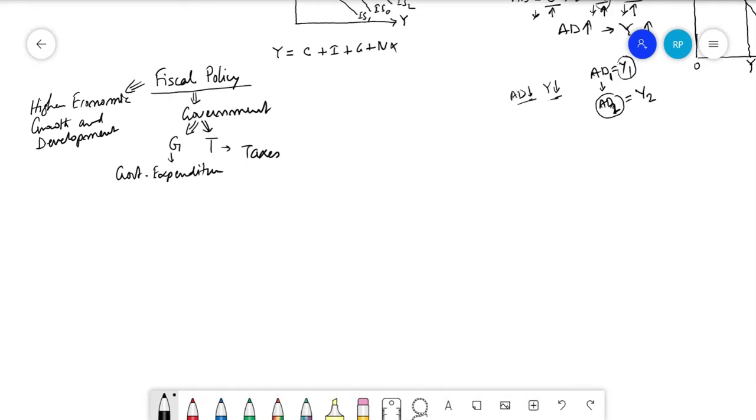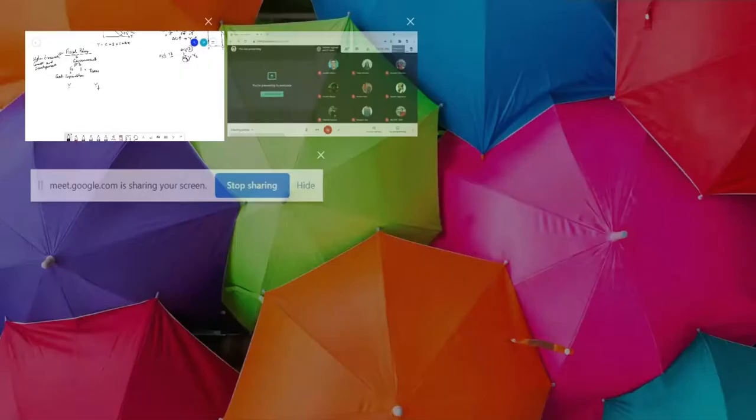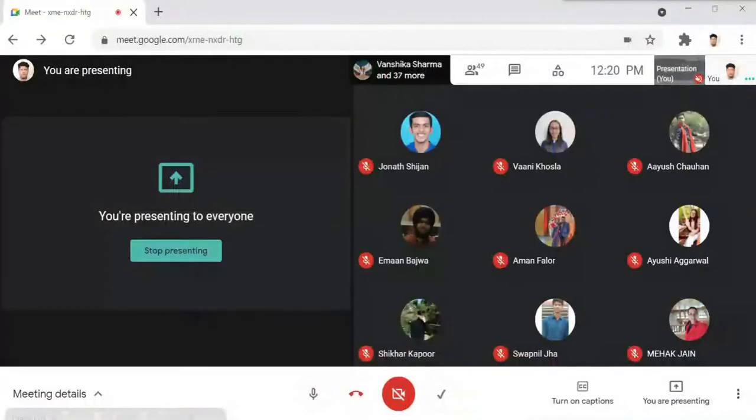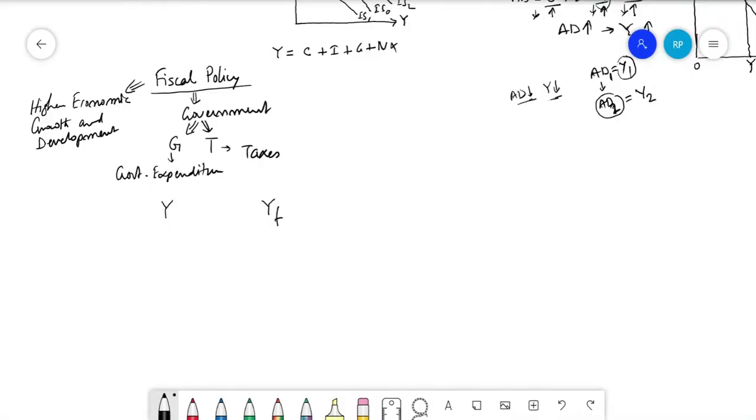So suppose your economy is at this level, say Y level of output. At this level of production your economy is producing, and YF is the full employment level of output. Suppose any economy today is producing at Y level of output, and Y is not the full employment level of output.